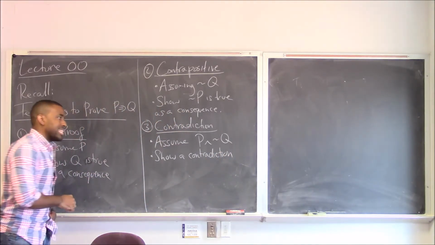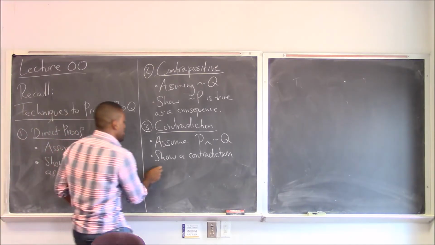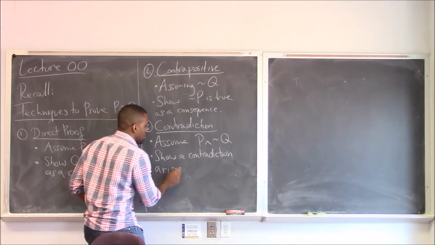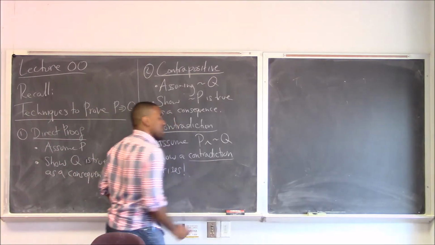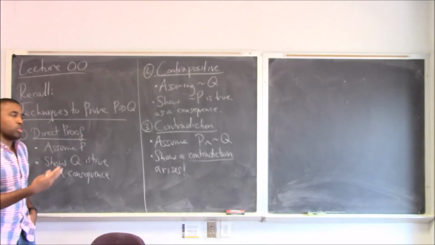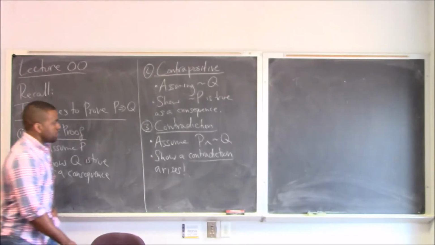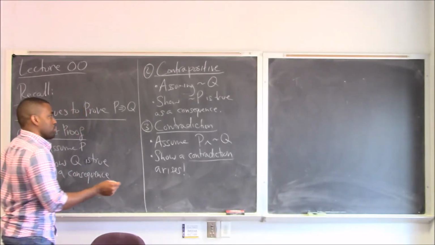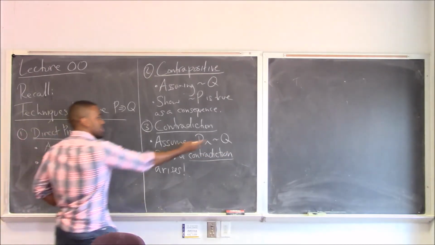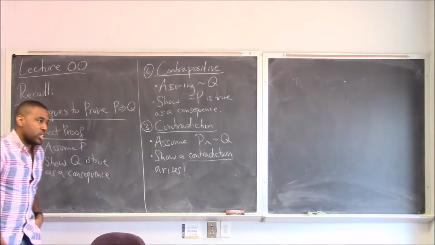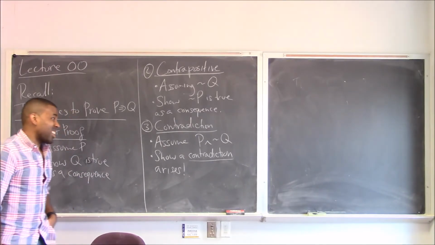You have to show that that happens if you assume P and not Q. And this could be a contradiction from anywhere in all of mathematics. It doesn't even have to do specifically with what you're talking about. If you make this assumption and something breaks, 1 + 1 now equals 3 because of this assumption, even if you were talking about matrices, that is good enough for a proof by contradiction.